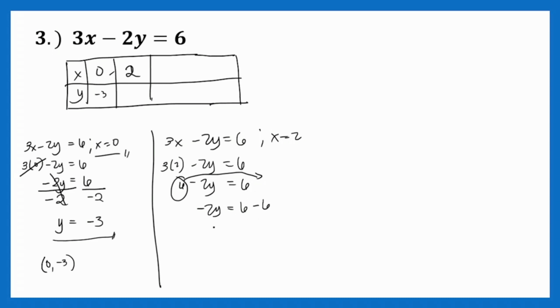What is 6 minus 6? 0. So, negative 2y is equal to 0. Divide this by negative 2 kasi siya yung number beside y. Both sides kasi dapat. So, magiging y na lang siya, is equal to 0 over negative 2. 0. Alright, kapag ang fraction 0 ang taas, 0 ang sagot.